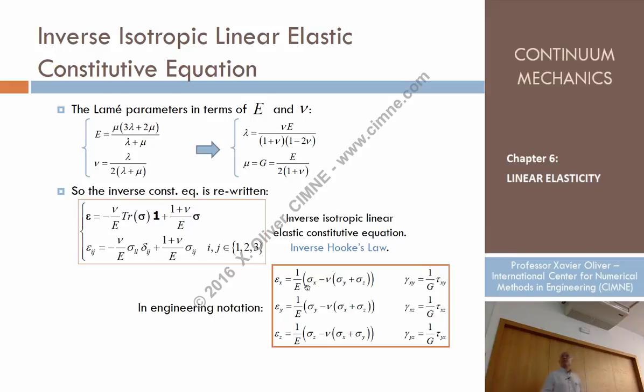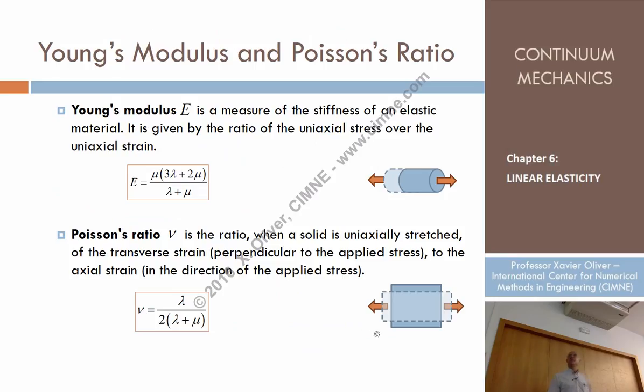And this talks about two parameters, E and G, or E and nu, which are independent, two elastic parameters that have to be identified in order to characterize these equations or their inverse. And they make us able to compute the strains given the stresses, or the stresses given the strains. Okay?